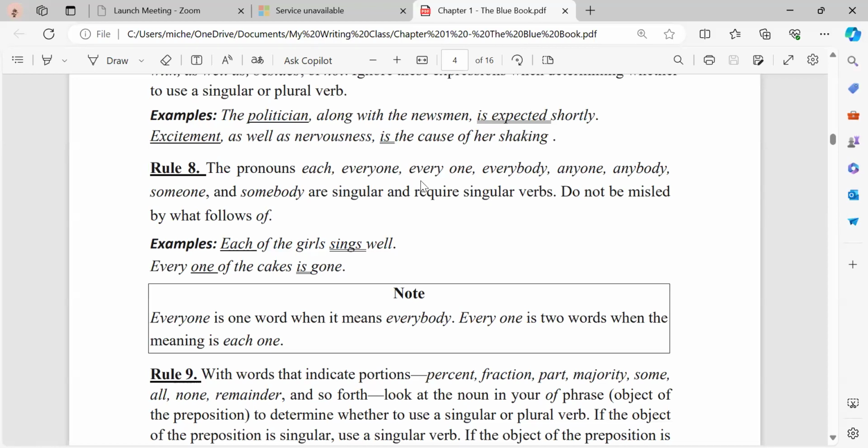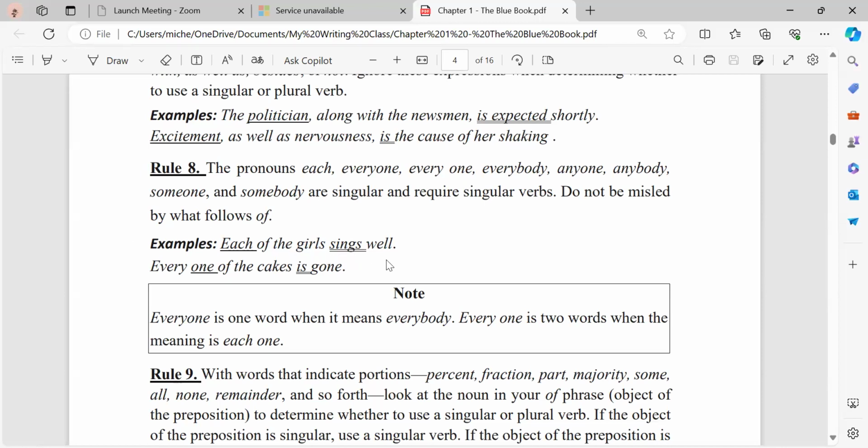Everyone means "semuanya," and every one means "setiap orang." So "every" right here means "tiap" or "setiap," and for everyone we have "semuanya." So that's the difference, the spacing right there. And everybody, anyone, anybody, someone, and somebody are singular and require a singular verb. Do not be misled by the phrase that follows "of."